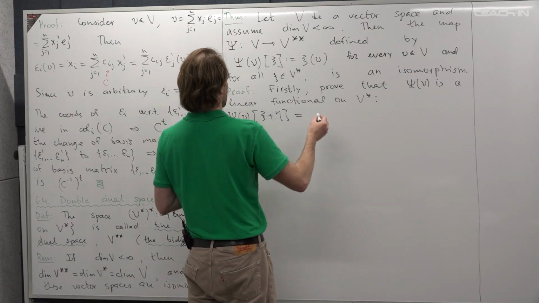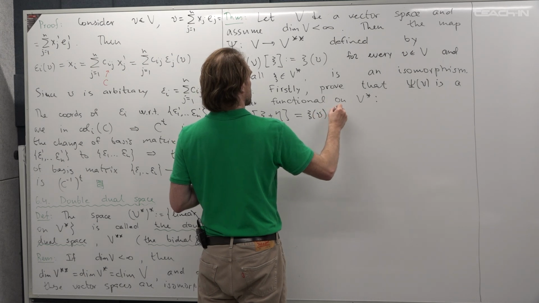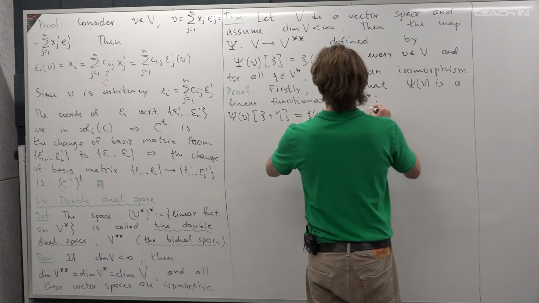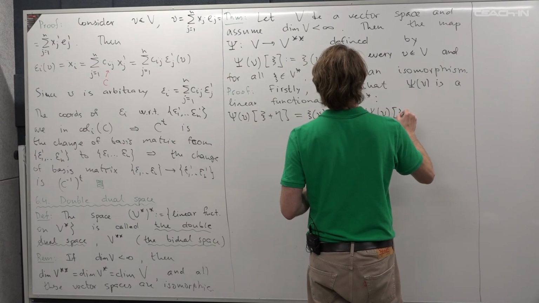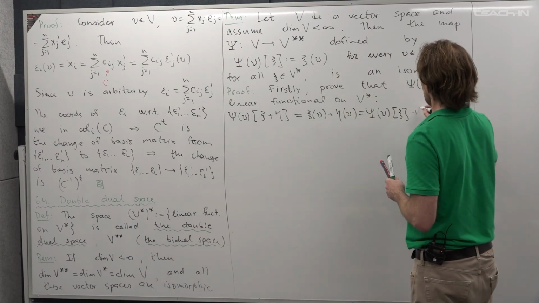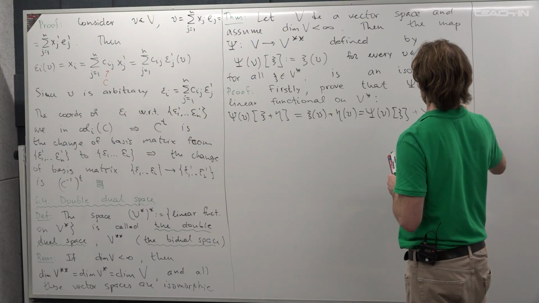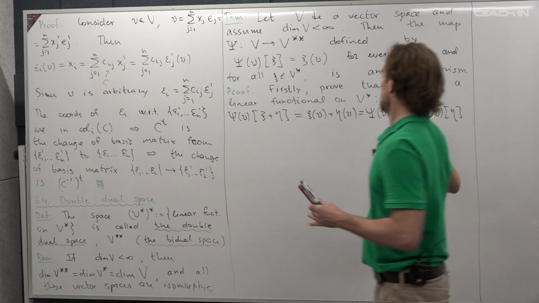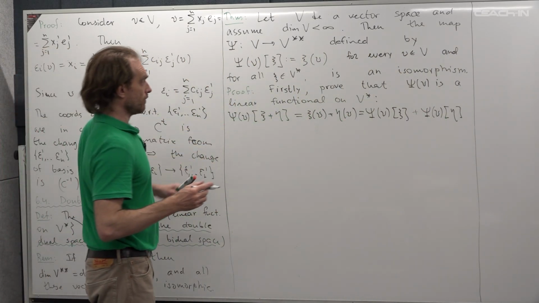According to our definition, we get psi of V applied to psi plus eta, which is psi capital of V applied to psi plus psi capital of V applied to eta. So this is just the property of linearity of psi of V.